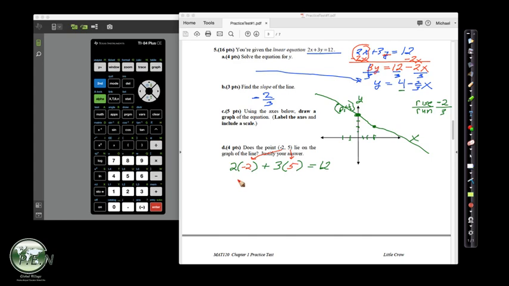Sorry, +2 times -2 gives us a -4, and here we get a 15. And the question is, does -4 plus 15 equal 12? It's close, but not quite, right? 11 equals 12, so therefore it does not equal 12, not on the line.